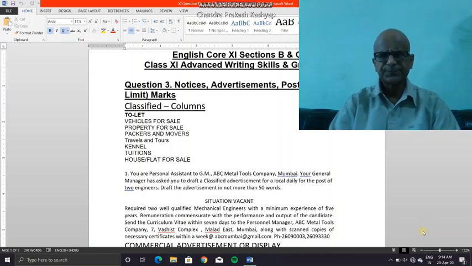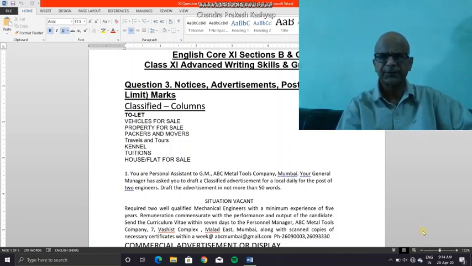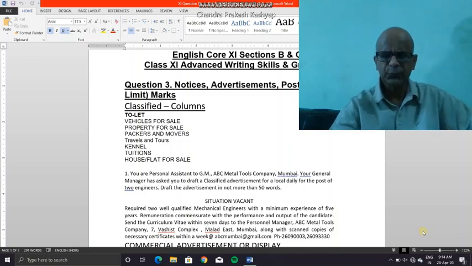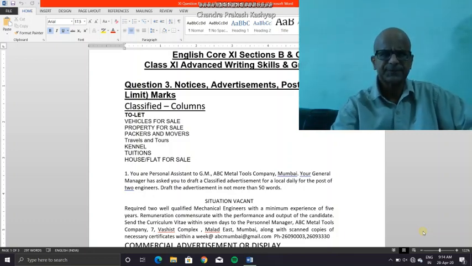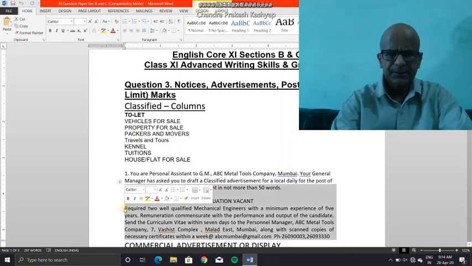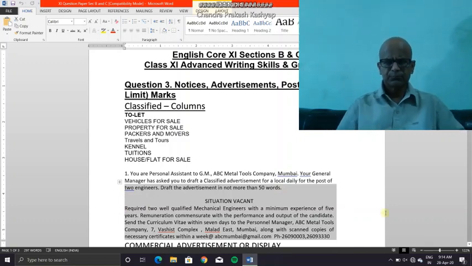And advertisements again, one specific kind of advertisement has columns of different kinds. So in a national daily, we may have one page specially devoted to a certain kind of advertisements. And before we move on to this, you must understand that there are two kinds of advertisements. Classified is one kind of advertisement, the one that I highlight by way of darkening.